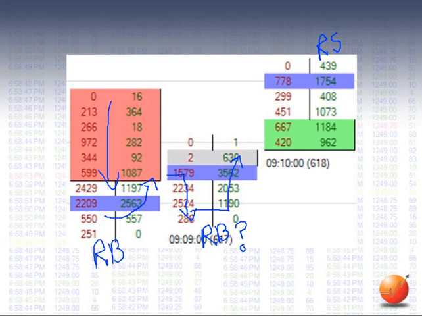So I would say that because of how this came together, it's most logically responsive buying, but I don't know that for sure. This is a difficult one. We'll call that a question mark. Okay. So if hypothetically I'm long from somewhere down here, this is basically telling me it's time to take profit.